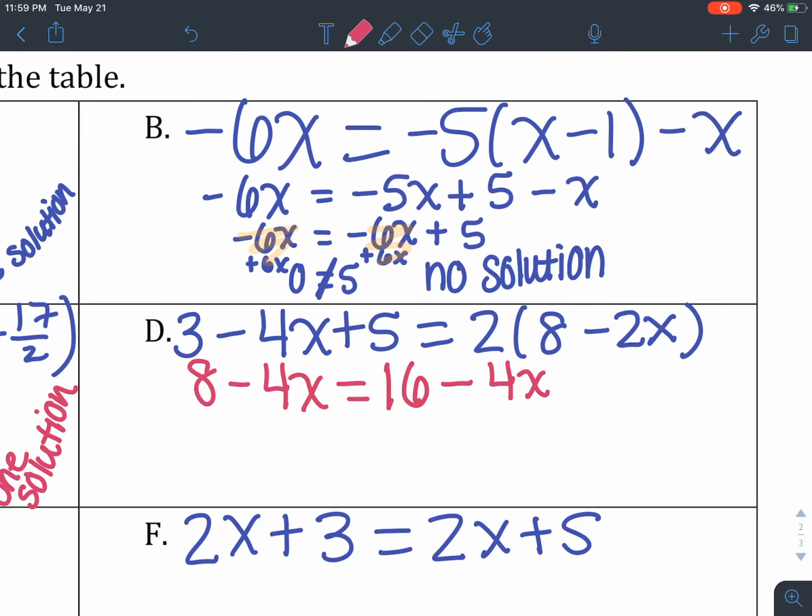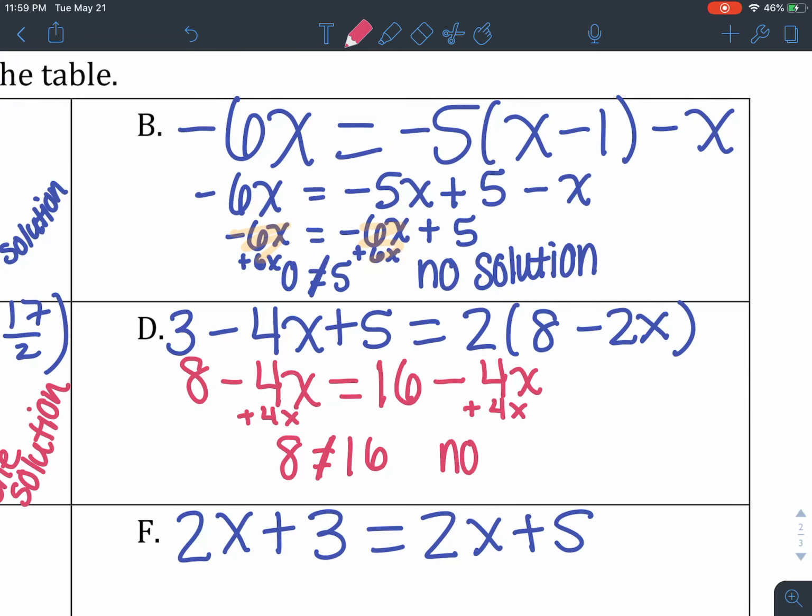Now I see we have a minus 4x on both sides. So that means that I'm going to add the opposite, and that's going to cancel both sides with a variable. So I'm going to be left with 8 equals 16. Now this also is not true. So this is a no solution.